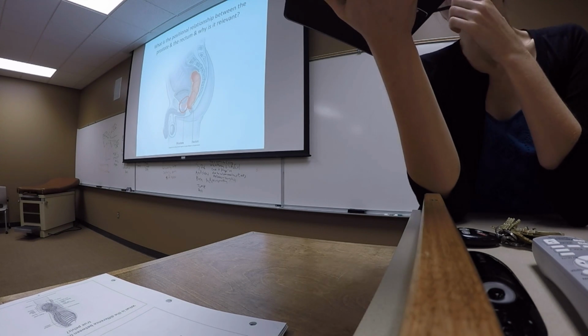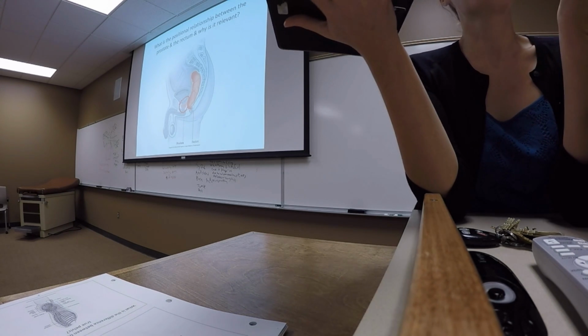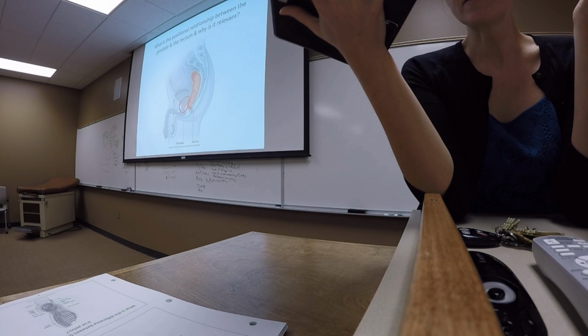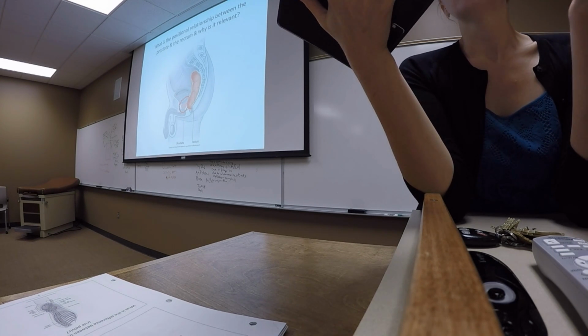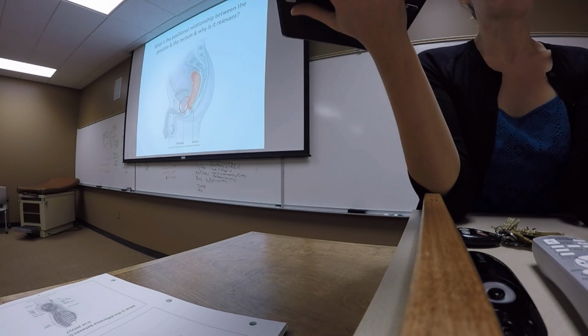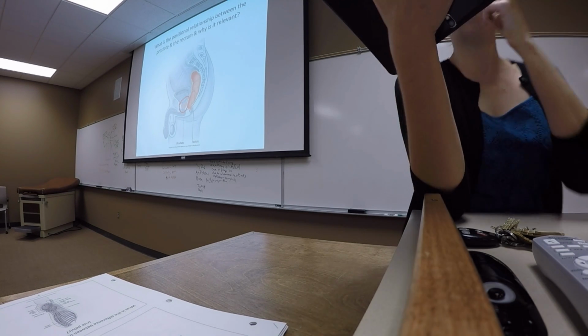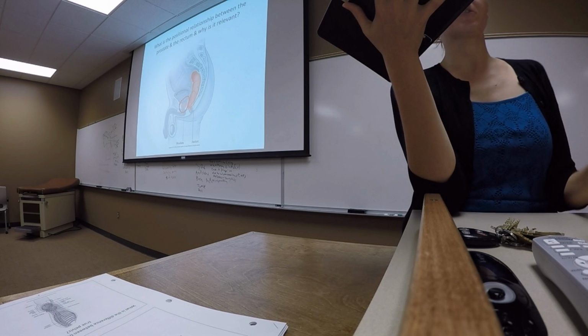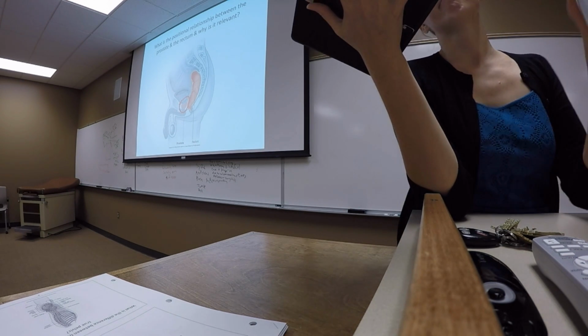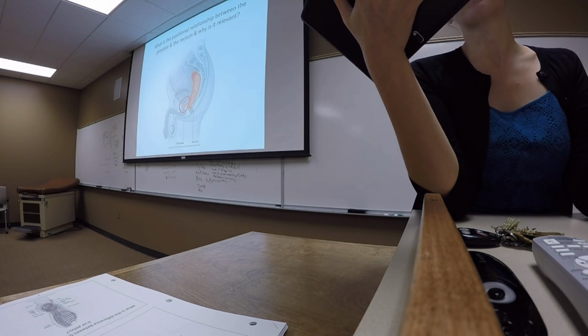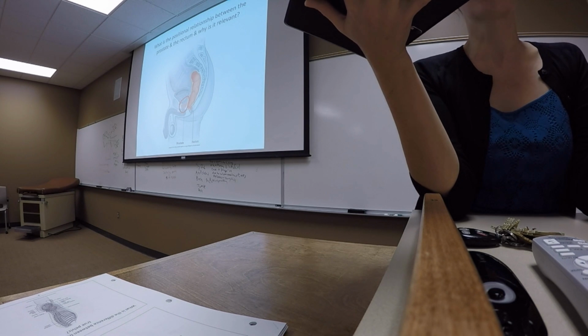So enlargement of the prostate is a normal process, happens in aging males, but it has no link to development of cancer. However, it can start to shut off the urethra, so they have reduced ability to void their bladder.